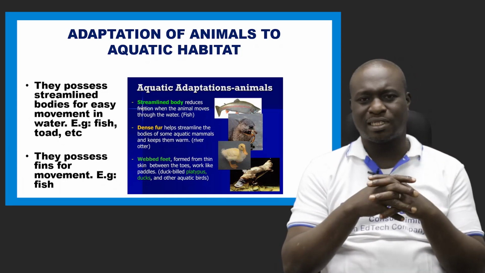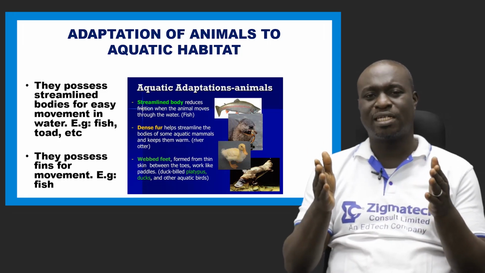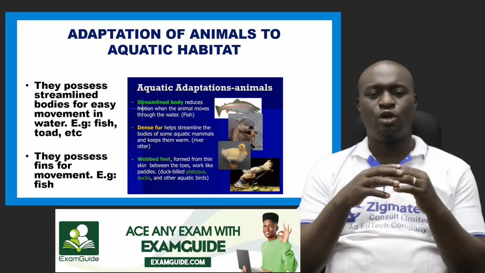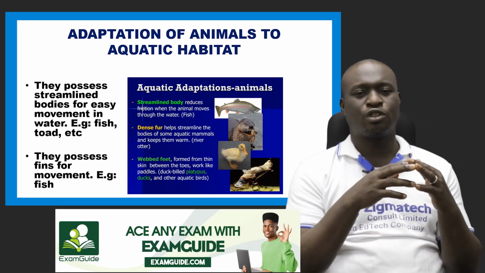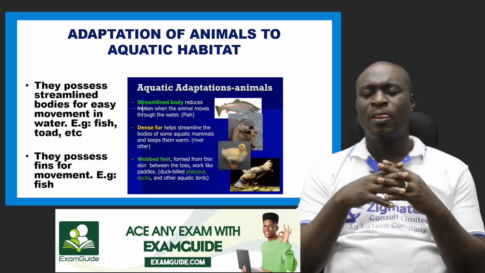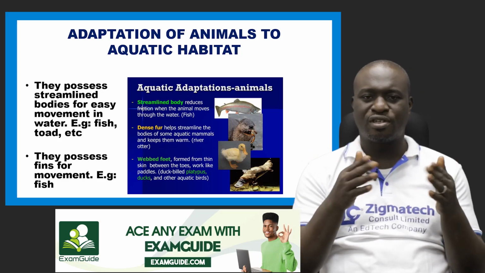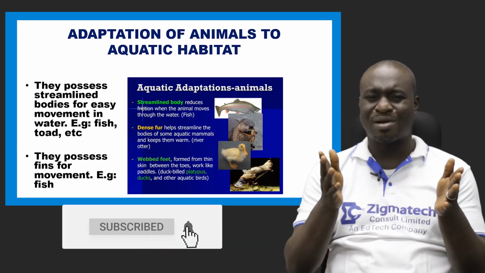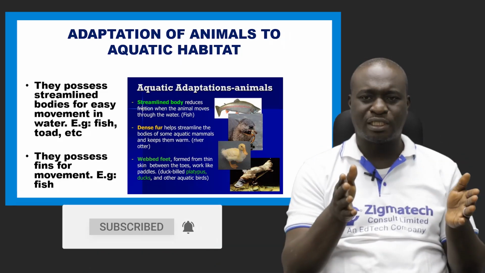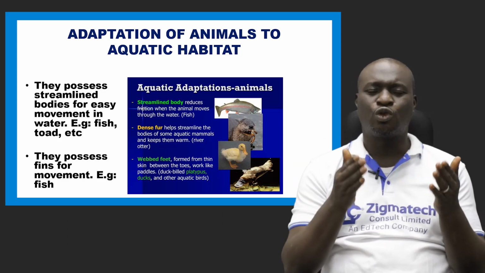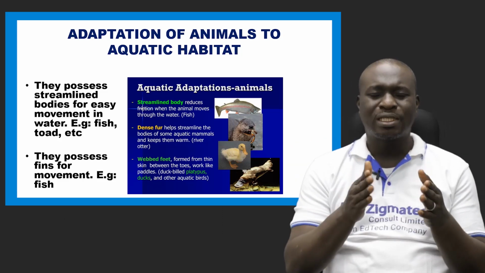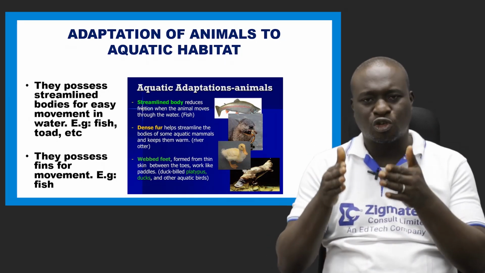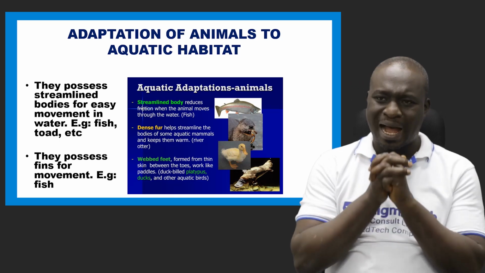When we're talking about aquatic habitat, we're looking at the sea, the ocean, the fresh waters, which include rivers, ponds, streams, and so on, and the brackish water, which is the same as the estuarine habitat. So how do living organisms, mostly animals, adjust or survive in that particular habitat?